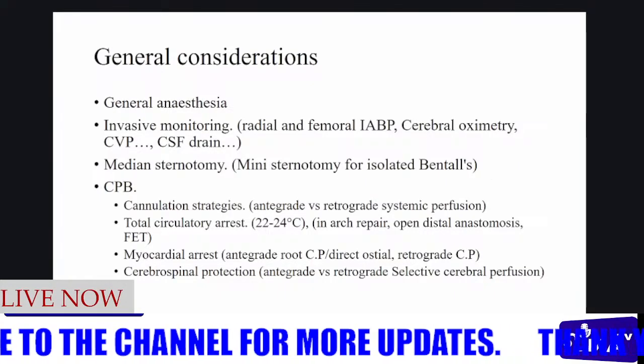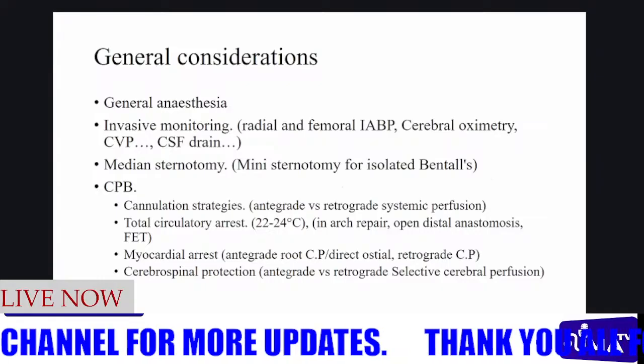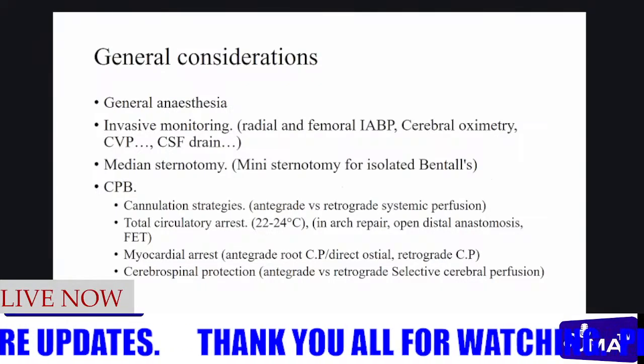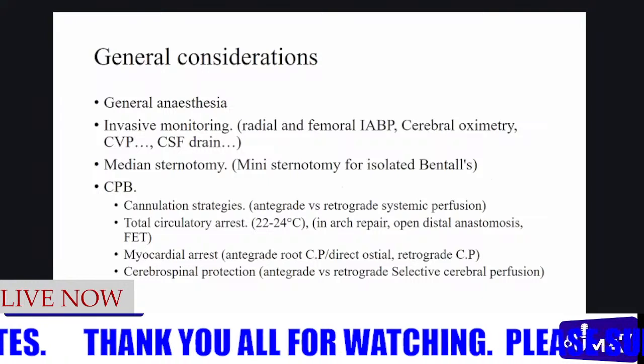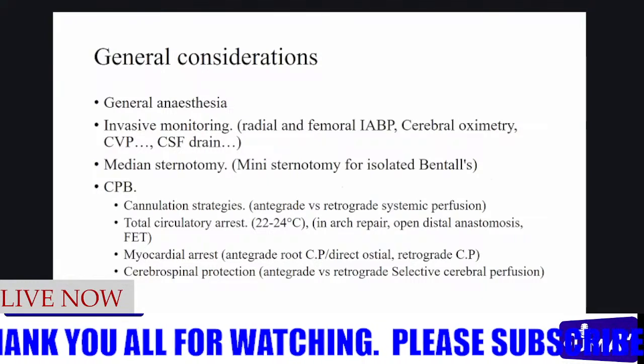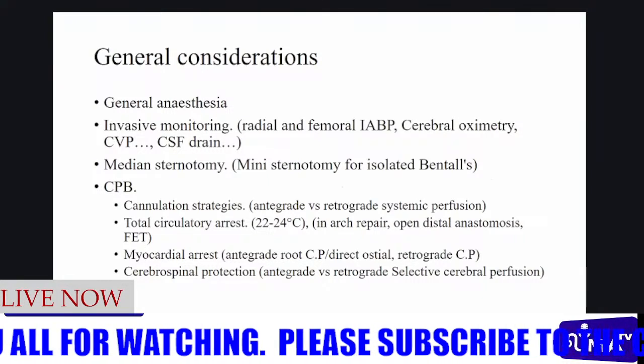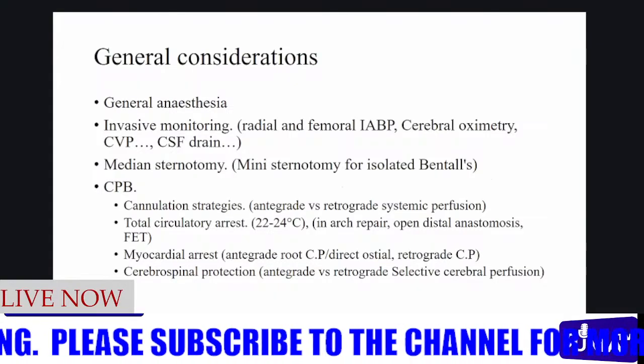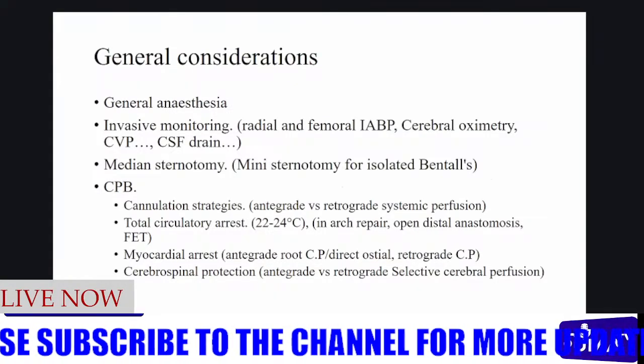Most of the time you'll be able to expose the heart, the ascending aorta, the innominate artery, the left common carotid. You will not see the left subclavian through a median sternotomy. So what we do sometimes is open supraclavicular to access the left subclavian artery.